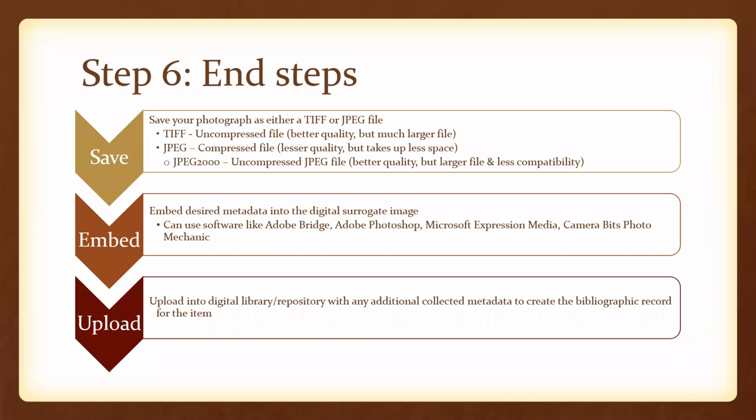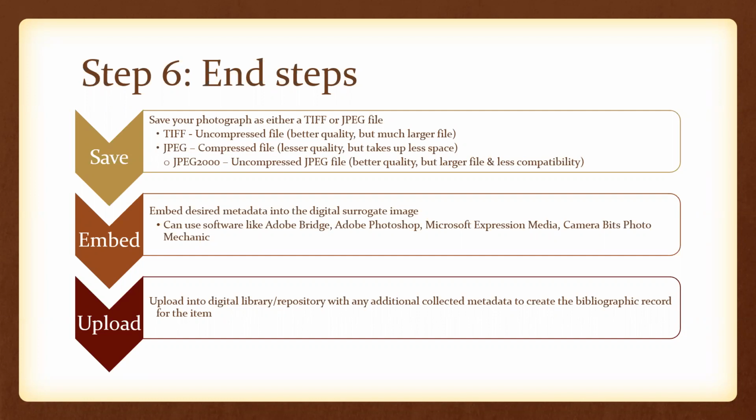Files can always be converted into the extension needed. And if you have a large quantity of files that need to be converted, you can run a script in command prompt to do so. If you need instructions on how to do that, feel free to email me. My email again is provided at the end of the presentation as well, and I can send you those instructions if you need them.